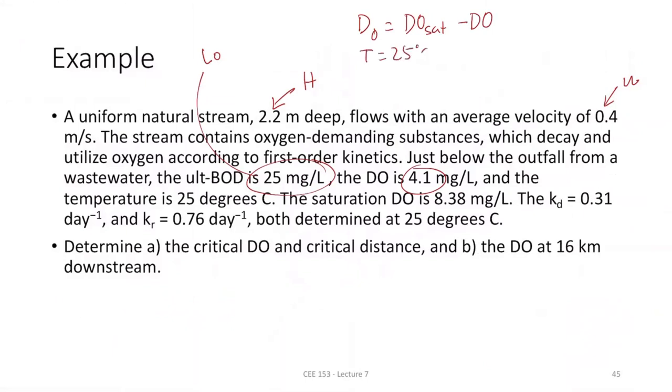The saturation DO at that temperature is 8.38 milligram per liter. So that means you can calculate this one: 8.38 milligram minus the 4.1. So the deficit would be 4.28 milligram per liter. Initial deficit. KD is 0.31 per day.